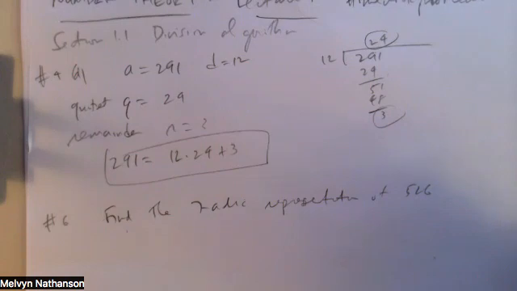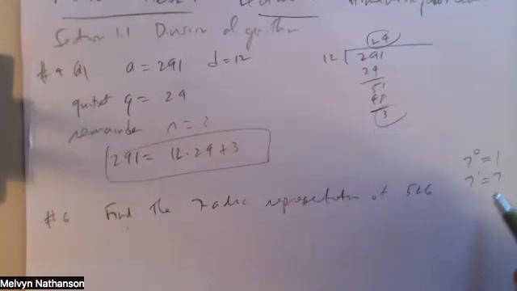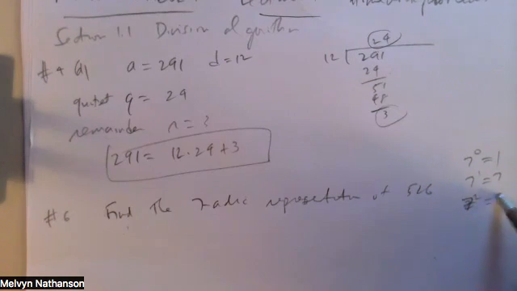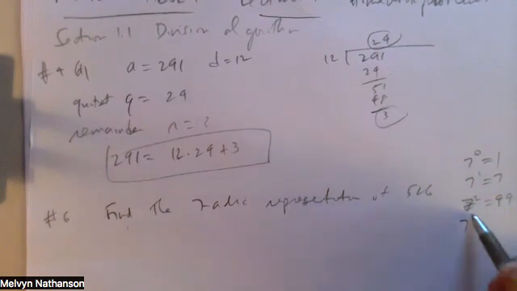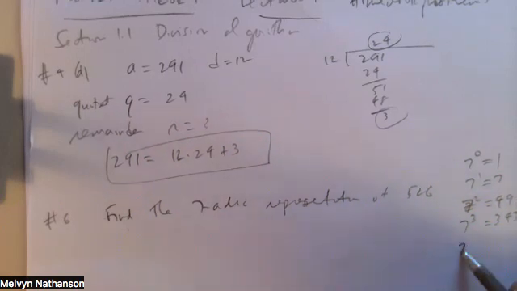So we have to look at the powers of 7. 7 to the 0th power is 1. 7 to the 1st power is 7. 7 squared is 49. 7 cubed is 343. And 7 to the 4th power will already be too big.